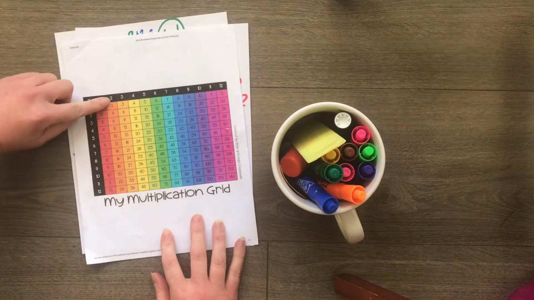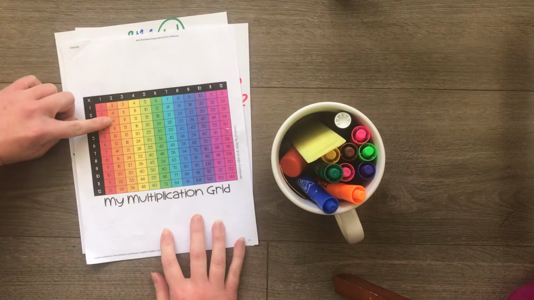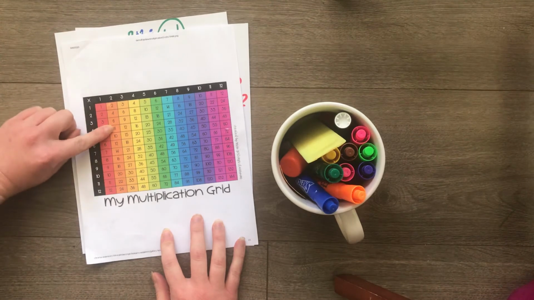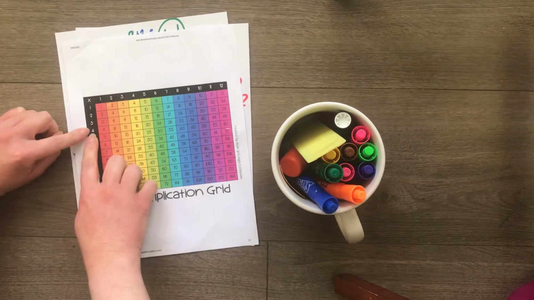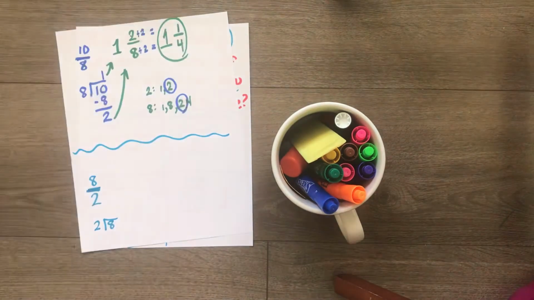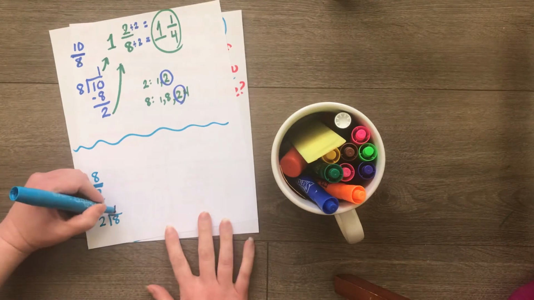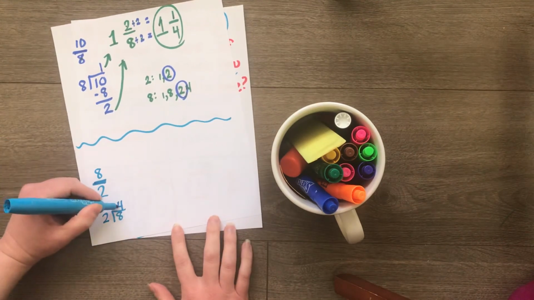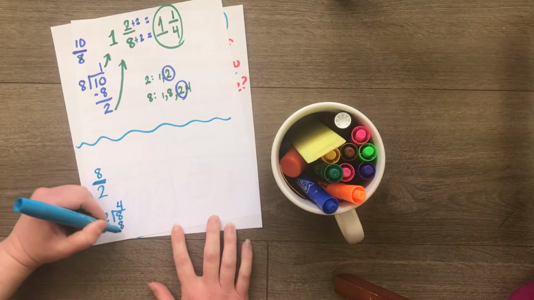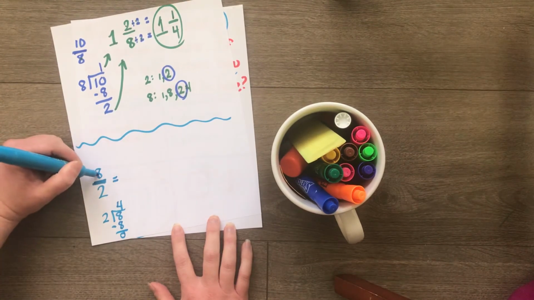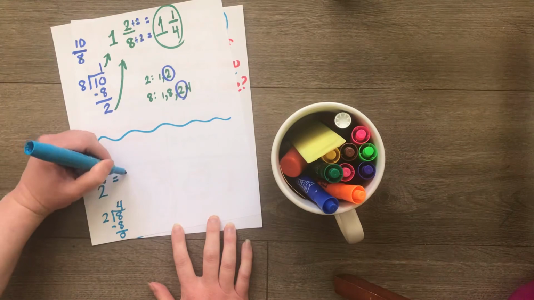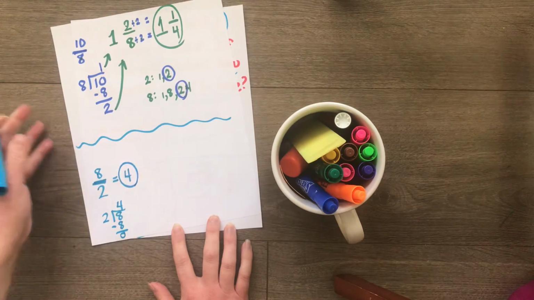Let me start my 2 column. Let's see. 2, 4, 6, 8. Oh, I could get pretty far down. All right, how many times can 2 go into 8? It can go into 8 4 times. So I'm going to write that up top. Now let's see if I have any leftovers. I know 2 times 4 is 8. Do I have any leftovers? No, no leftovers. So 8 halves is actually equal to 4.